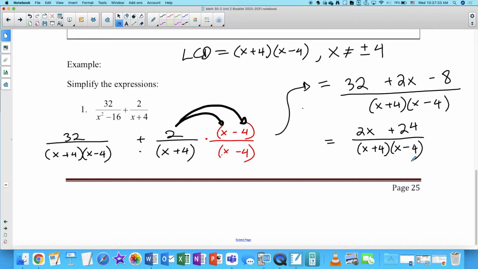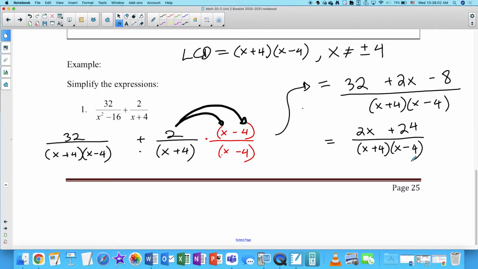Now, tell me about this numerator. It can be factored, yes. If the numerator is factorable, you have to check to see if one of the factors in the numerator is the same as one of the factors in the denominator, because if it is, you can simplify further.